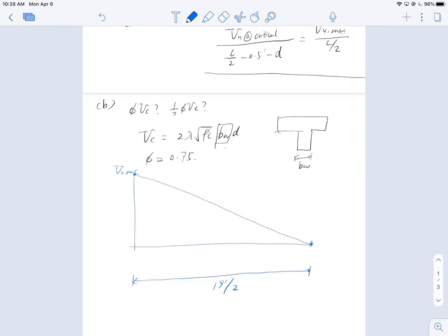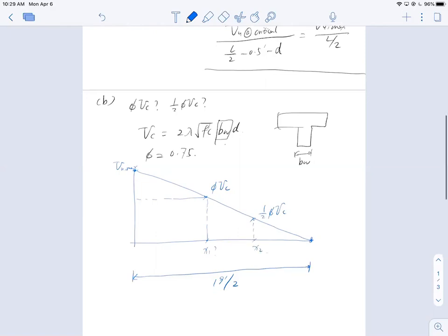Asking you to find phi Vc. So for example, if I already have phi Vc right here, and half of it, how do I find this distance x1 here and x2 here?